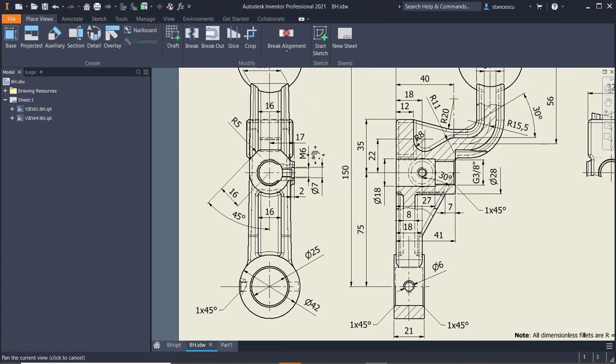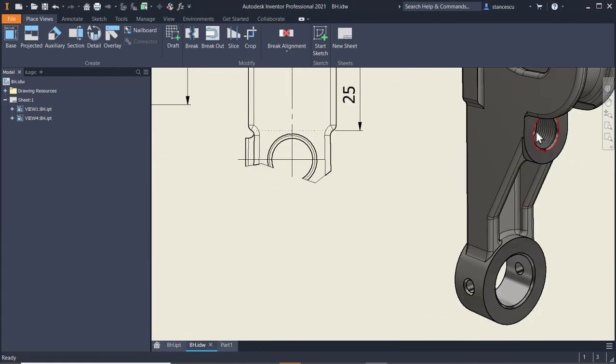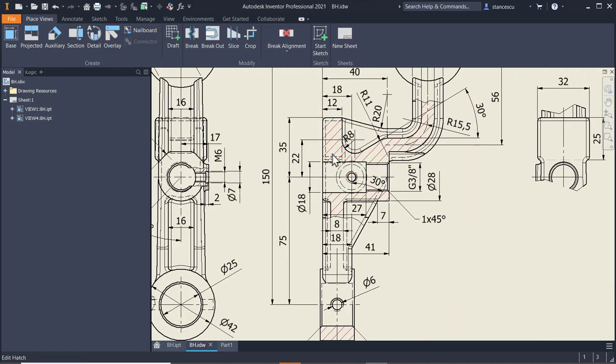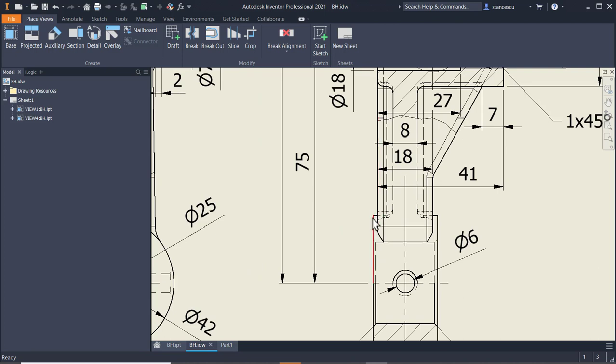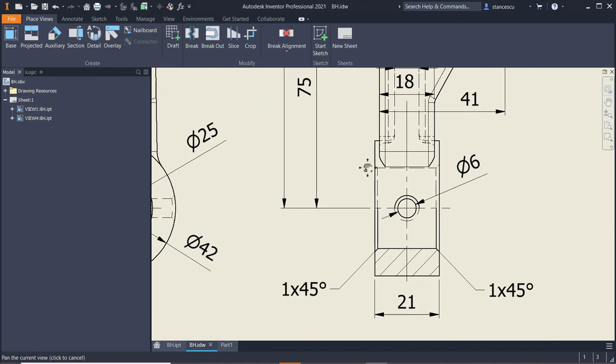We continue by creating these two cylinders. 1, 2. This starts at the end line from the left on 41 with a diameter of 28, and the other starts from this face, and if this is 21 and this is 18, half of the difference is 1.5, but we place here an expression, of course.